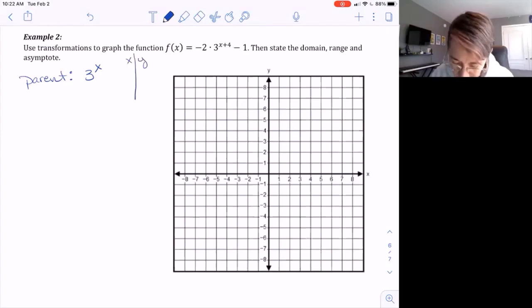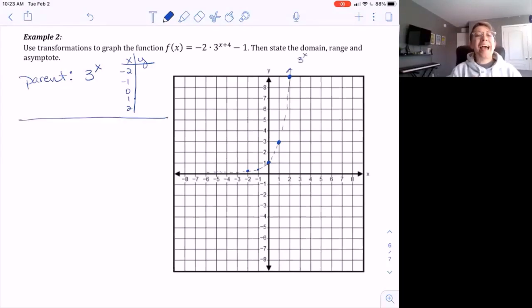You can do this with x values -2, -1, 0, 1, and 2. 3 to the -2 power would give us 1/9, so really small here. To the -1 would give us 1/3. To the 0 power would give us 1. But then to the first power would give us 3, and squared would give us 9 up here. So I'm going to dot this. That's our parent function, just 3 to the x.